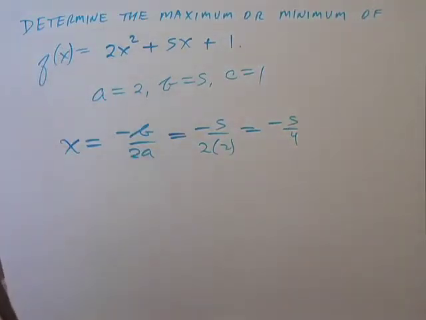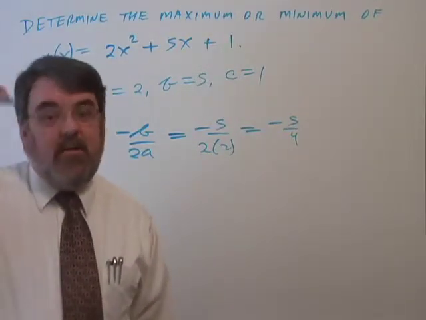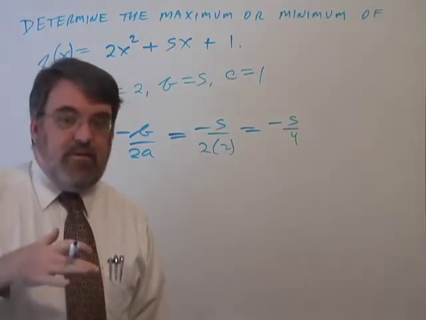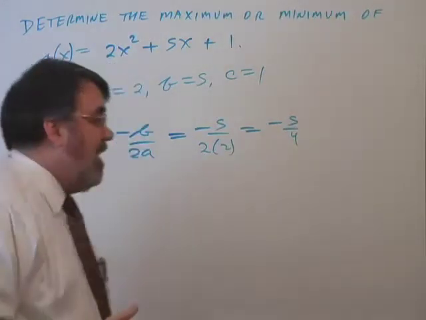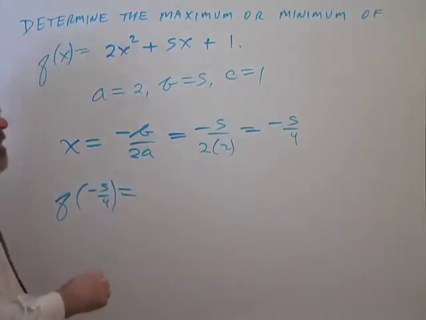So there's the x-coordinate of the vertex, but the maximum or minimum of the function is in reference to the y value. How high or how low does it go? So we have to calculate the y value, and f of minus 5/4, let's plug that in.